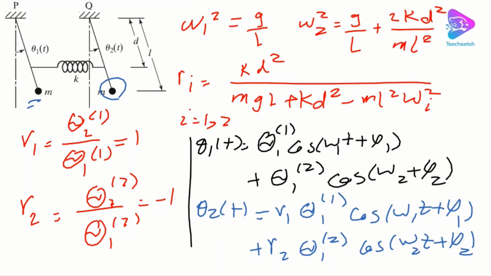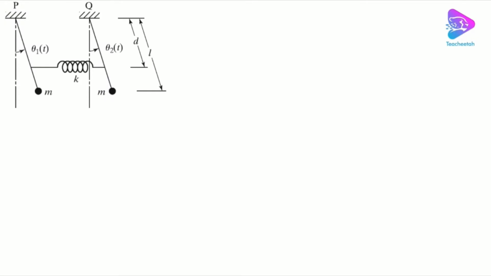Now in part C of this problem, we want to find the response of the system based on the initial conditions given in the problem. What are the initial conditions here? We have theta 1 at 0 equal to A, where A is just a constant, and the rest of the initial conditions are 0.